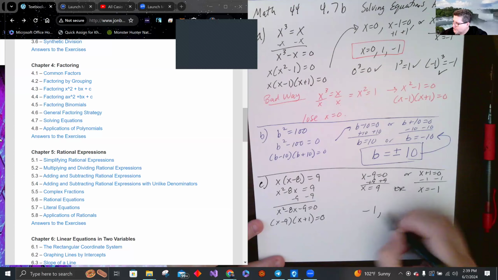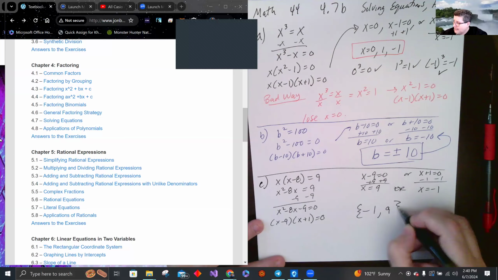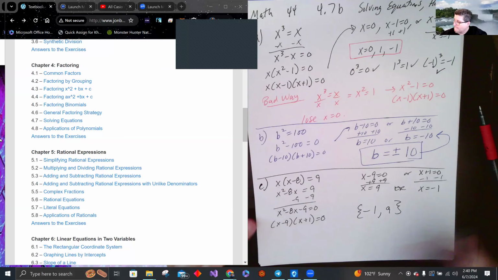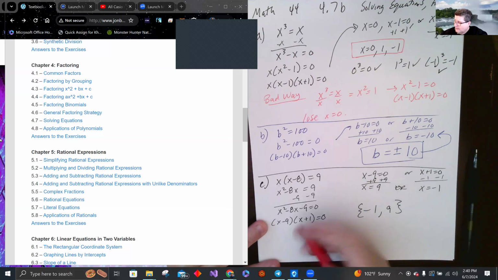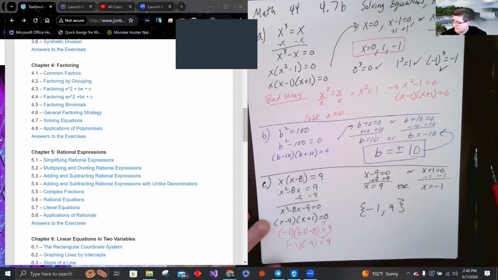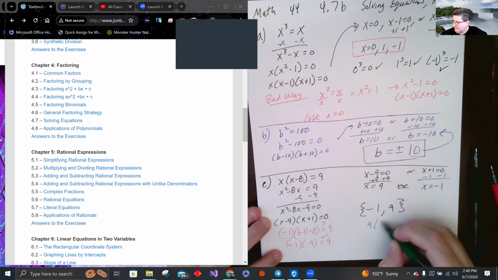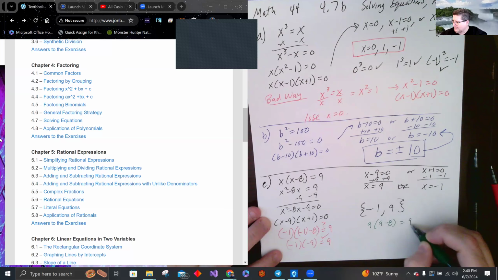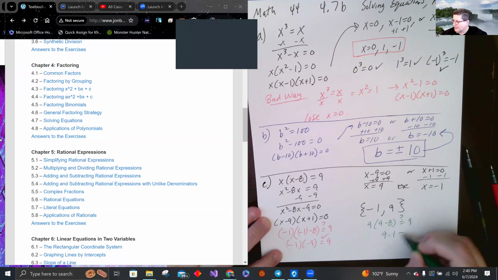Be sure to check your answers in the original. Negative 1 times negative 1 minus 8, does that equal 9? Negative 1 times negative 9 does equal 9. 9 times 9 minus 8, does that equal 9? 9 times 1 does equal 9.